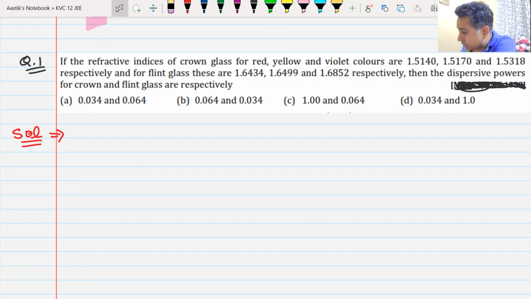So how do you calculate for the crown glass?